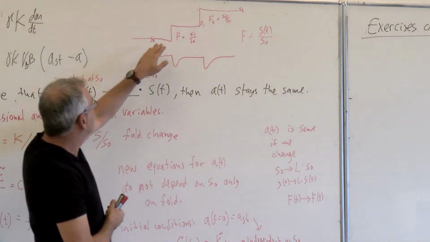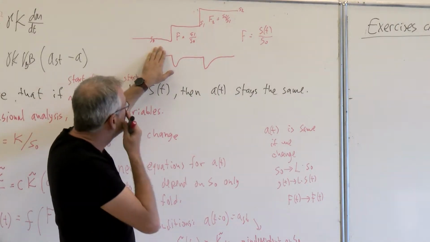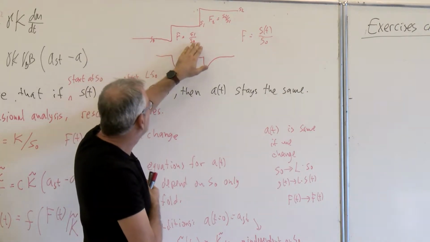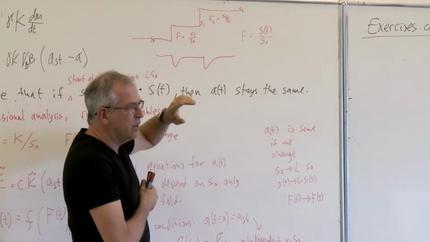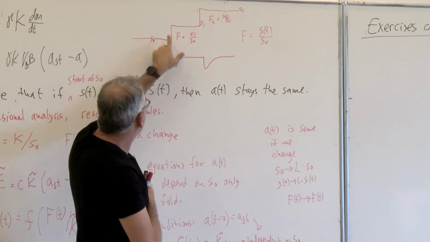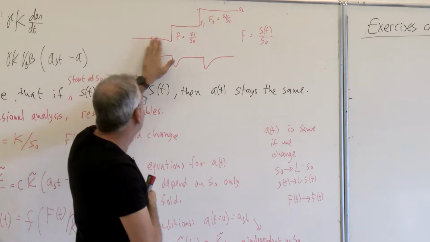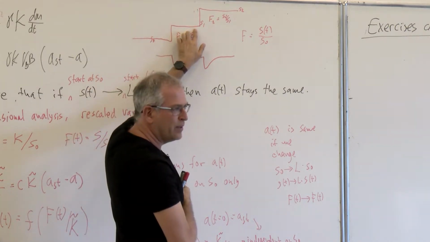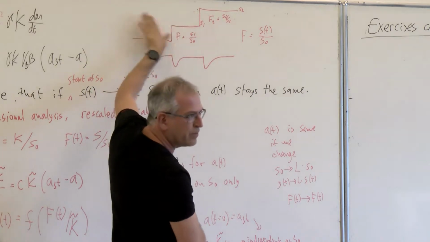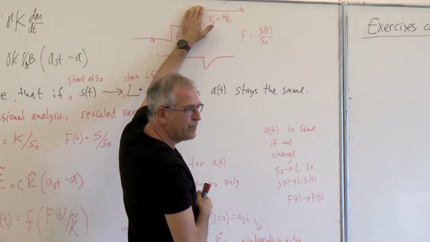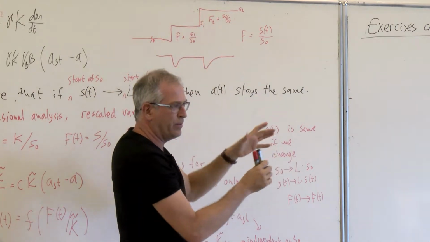So how should I say it? It's s of t divided by the previous s of t minus something. So you can either analyze a two-step input signal divided by the original S0, or let it have enough time to adapt. Then forget about what was in the past because we adapted, and now go from S1 to S2, and just solve that problem, and you get the same thing.